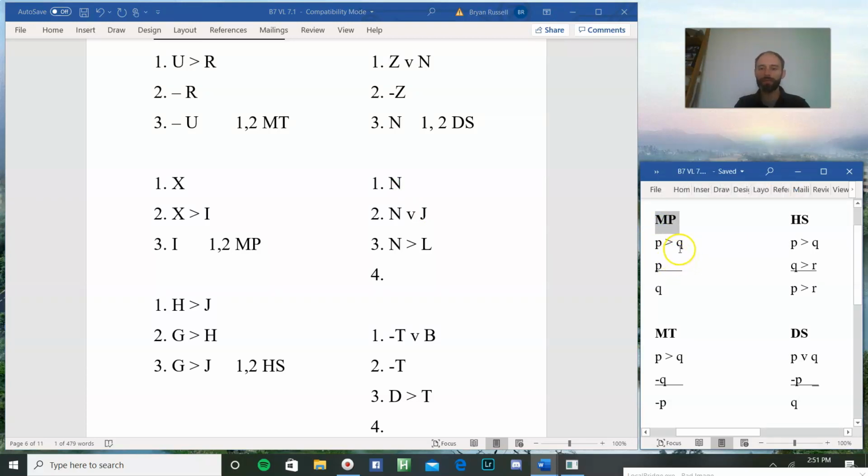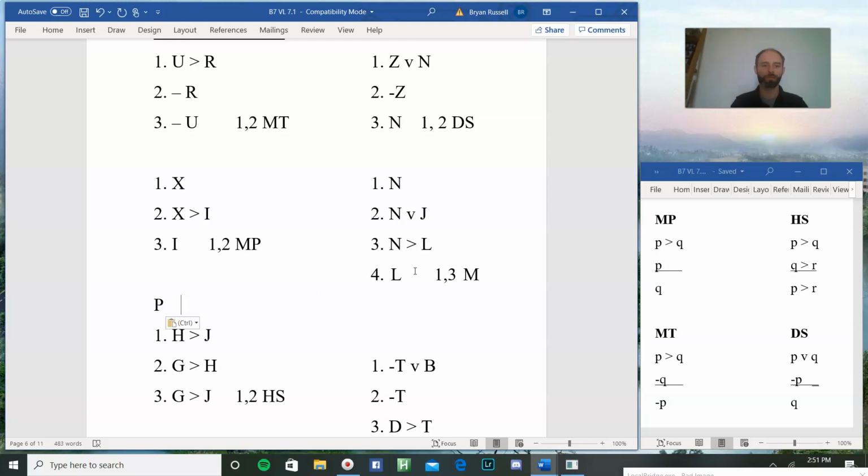So down here we have if P then Q, P, therefore Q. So here we have a horseshoe as our main operator, N horseshoe L, and we have our P, our N up there. So we can derive our Q, which in this case is L. And how did we do that? We did that on lines 1 and 3, MP.